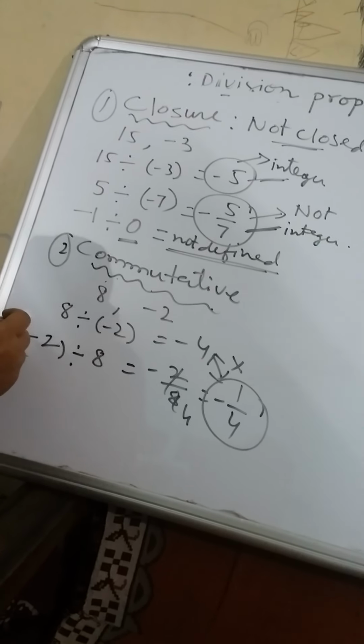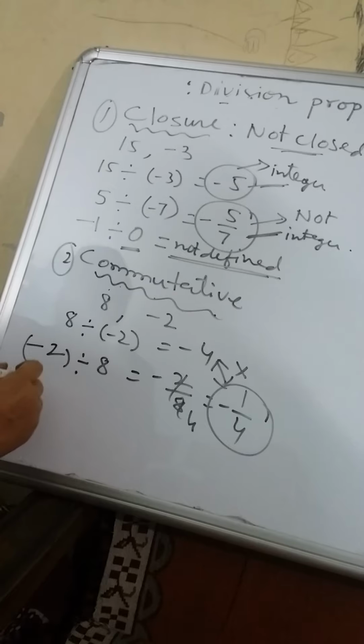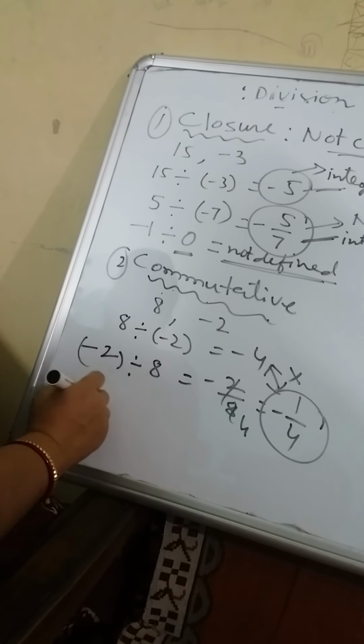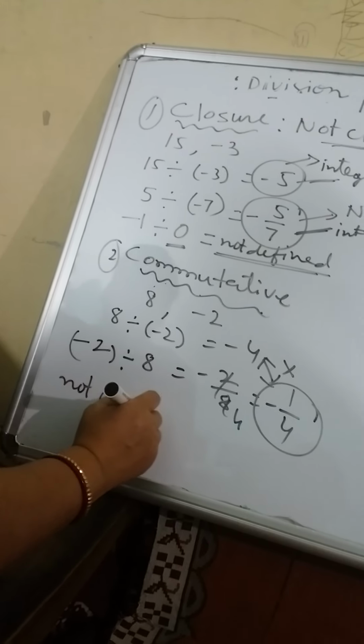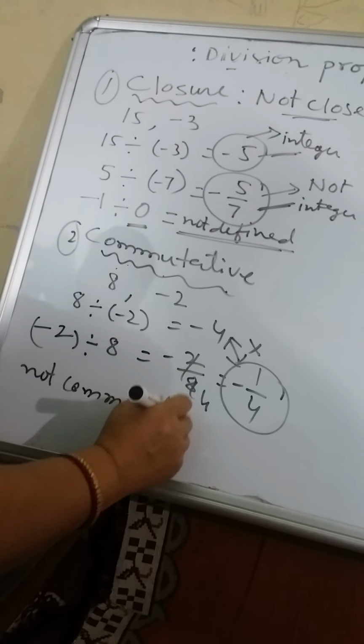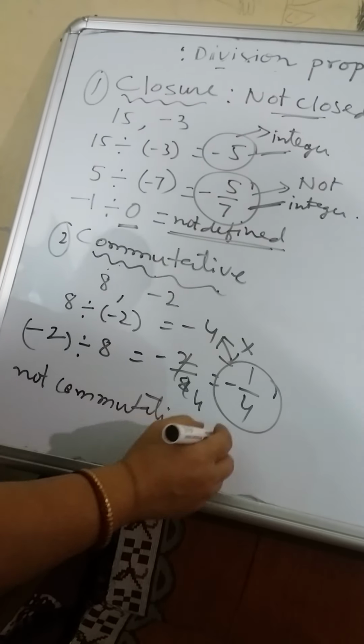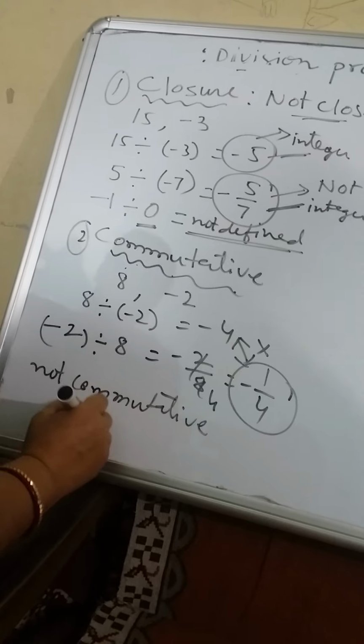So we will say that division is not commutative for integers.